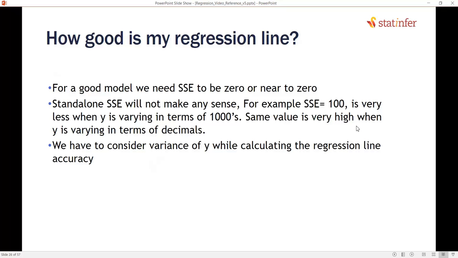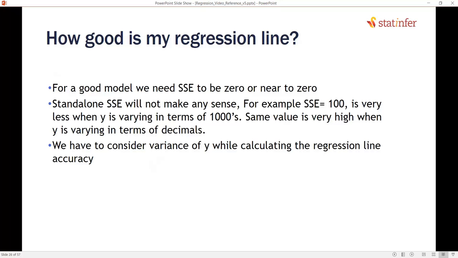But if you're dealing with fractions or small values or decimals, then a value of 100 is really high. So in some cases 100 is low, in some cases 100 is high, so we have to somehow bring in the variance of y, or the value of y, into the picture. Standalone SSE is not the right way of measuring the error.